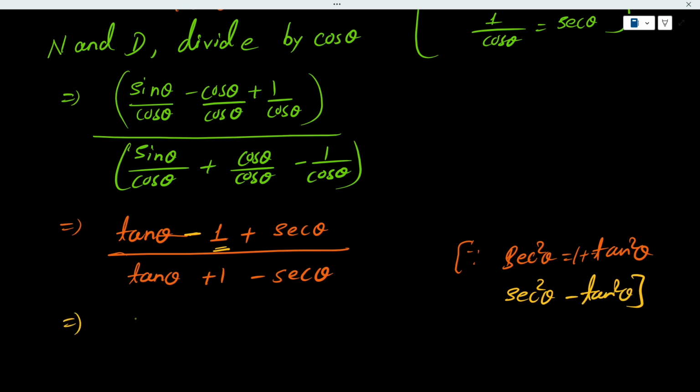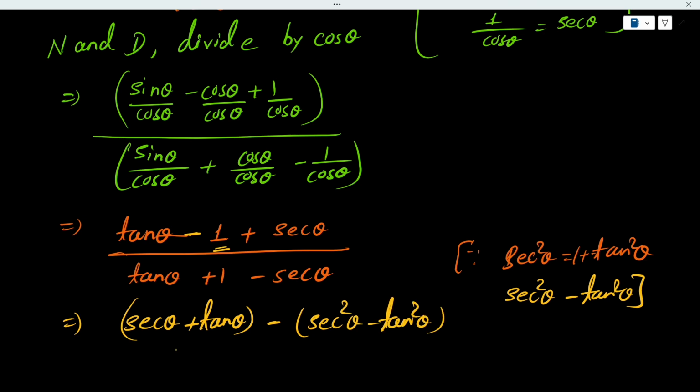So how will we do it? You have to rearrange. I can write sec theta plus tan theta in one bracket, minus 1, and in place of 1 put sec square theta minus tan square theta. Why did I write sec theta plus tan theta instead of tan theta plus sec theta?